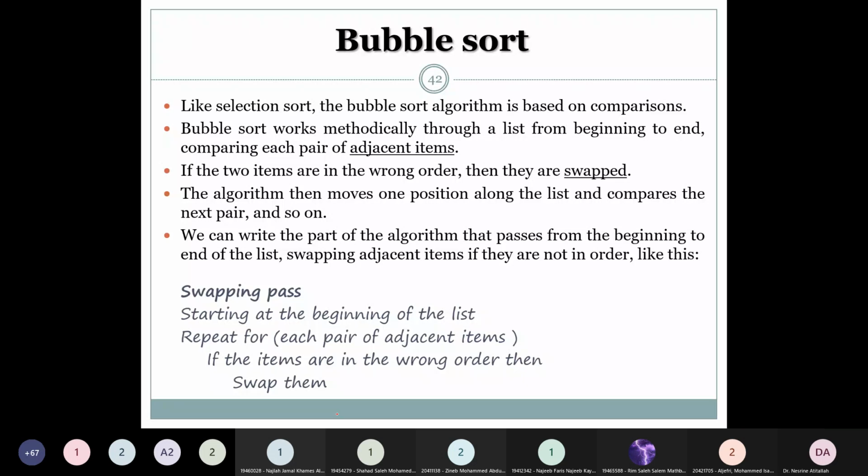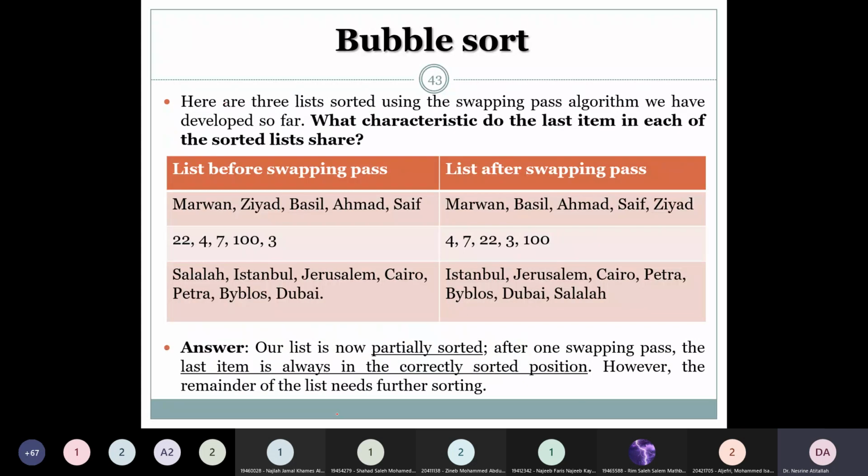Okay. So here are three lists sorted using the swapping pass algorithm we have developed so far. What characteristic do the list items in each of the sorted lists share? Okay. So look here. This is the list before the swapping pass, and this is the list after the swapping pass.